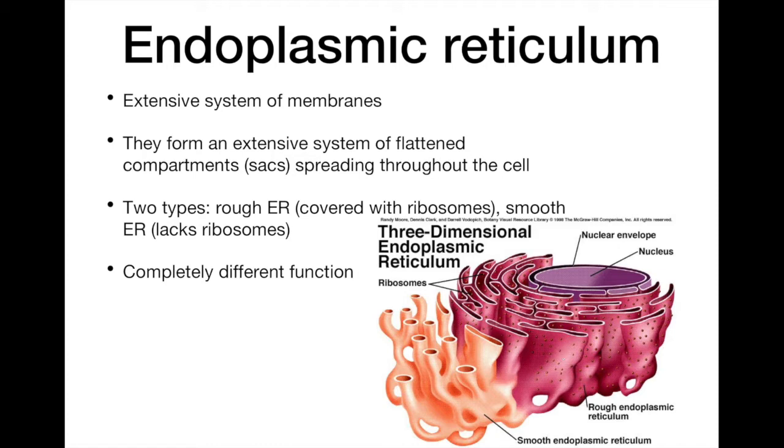These make its texture more rough, therefore smooth ER does not have ribosomes attached to it, and it is called smooth. They have completely different functions. They may have the same name, but they don't have the same function at all.